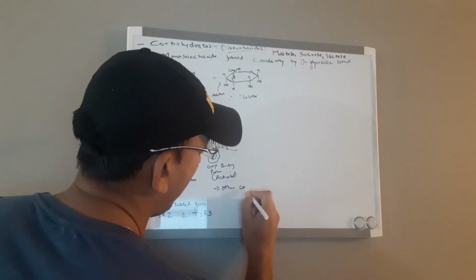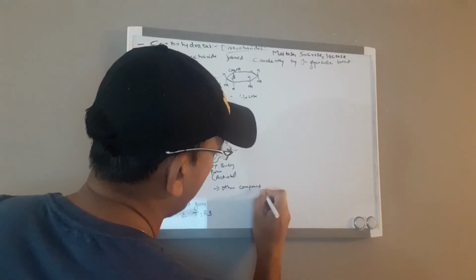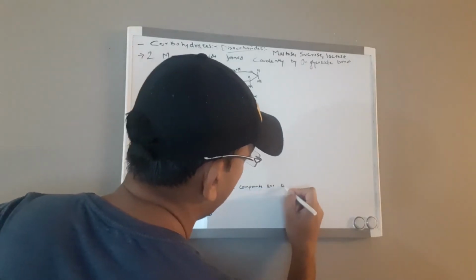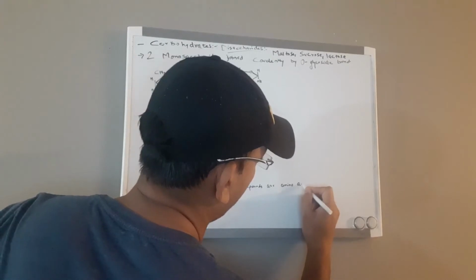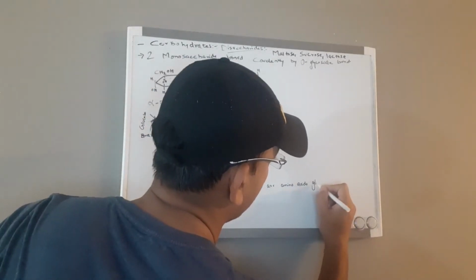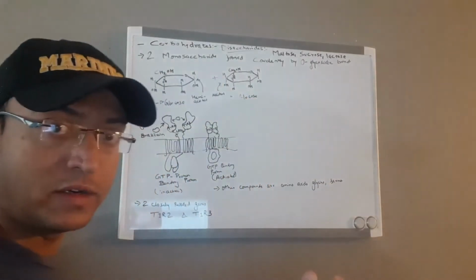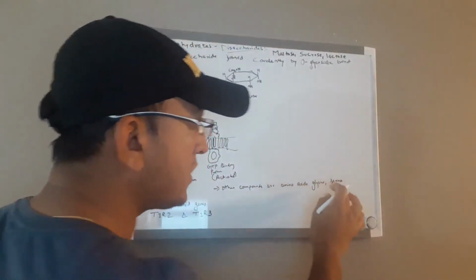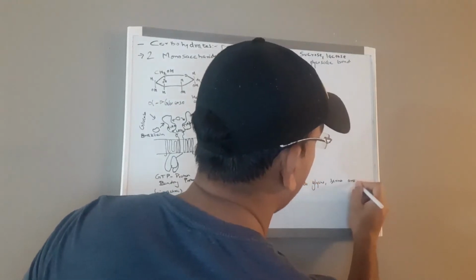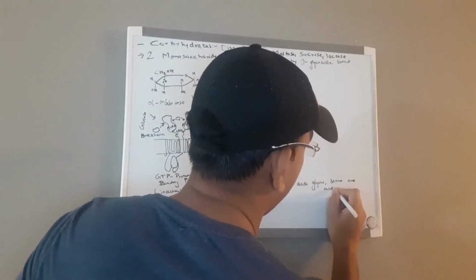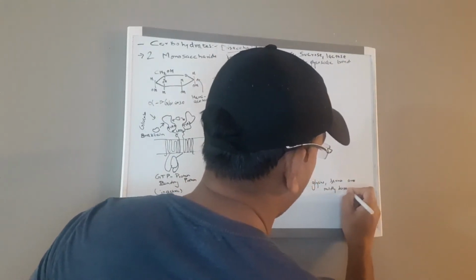Other compounds are amino acids, glycine, serine, right? These are also mildly sweet.